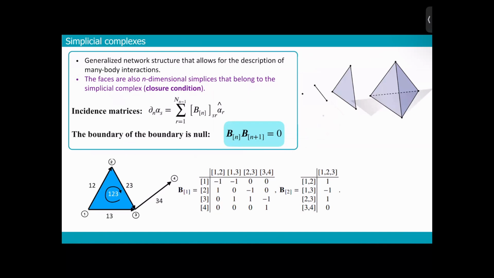This means that all the lower dimensional faces of the simplicial complex are also included in it. We can define the boundary of the simplicial complex with these incidence matrices that take us from a dimension D, in this case, a 2-dimensional simplicial complex, to its boundary in dimension D-1. And we have the property that the boundary of the boundary is null. So if we try to take 2 steps back, then we will get a null set.